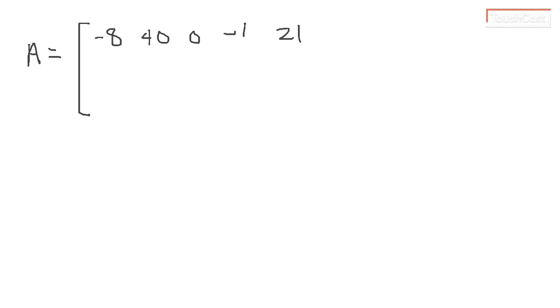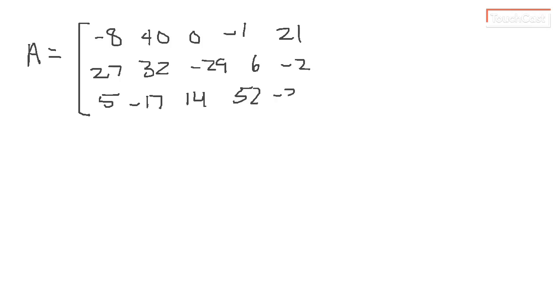The second row has 27, 32, -29, 6, -2, and the last row has 5, -17, 14, 52, and -35. We're going to identify different elements of this matrix.